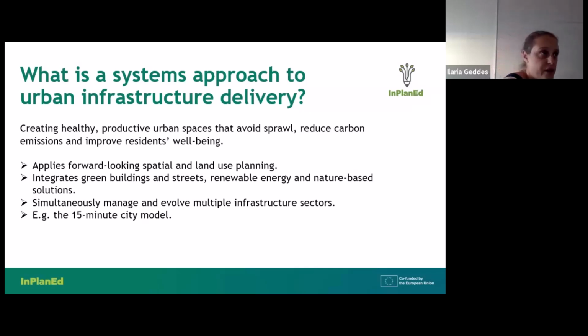Green features prominently in systems thinking for urban development. And that is because it has a lot of co-benefits for the other goals, but also for mitigating the effects of other sustainable development interventions.